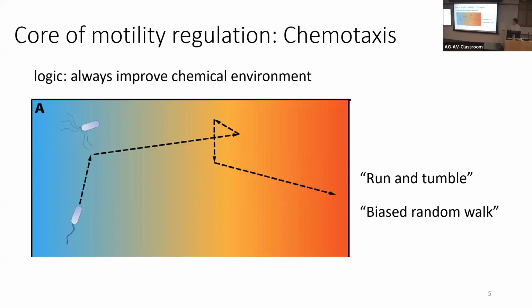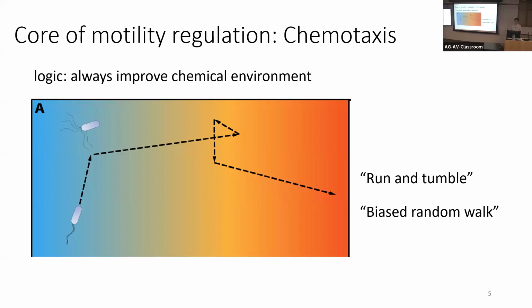Here I'm showing you a hypothetical scenario where you go from cold color to warm color, the concentration of, say, a nutrient or some kind of chemical the bacteria really likes, and you have our polar flagellum bacteria such as Pseudomonas moving or swimming inside this environment.